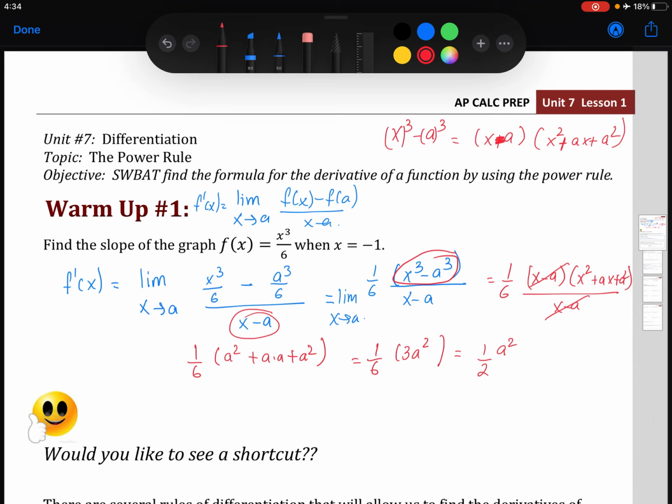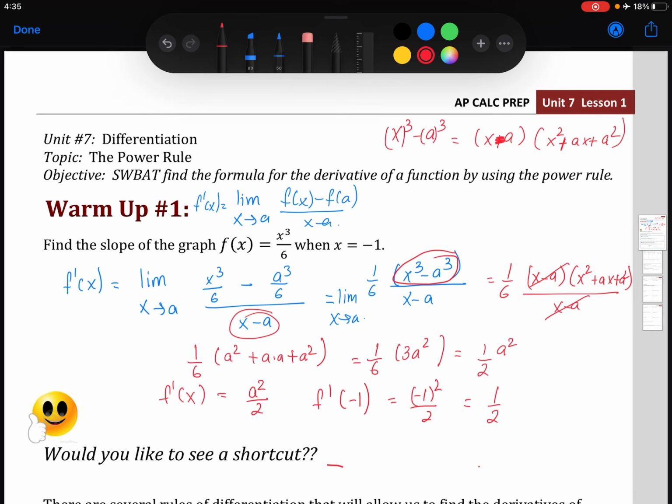So now that's what your f prime of x is. A squared over 2 or 1/2 a squared, it's the same thing. I want to find f prime of -1. So it's going to be -1 squared over 2, which is just 1/2, right?